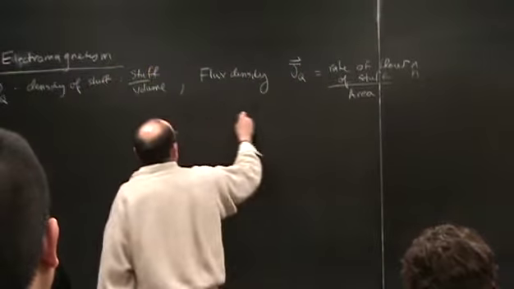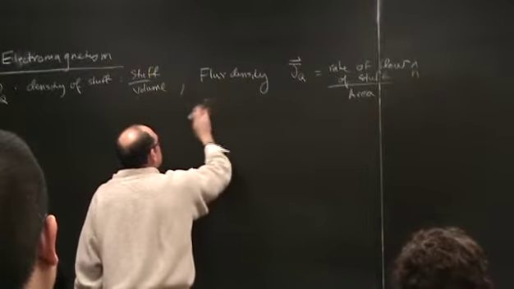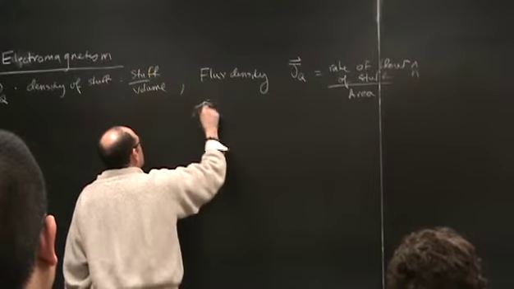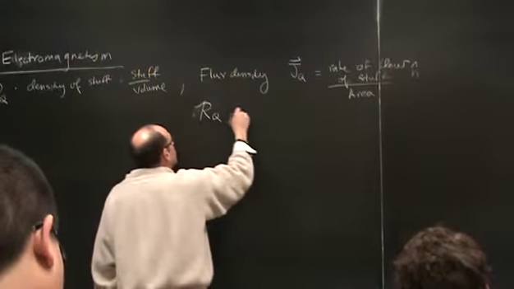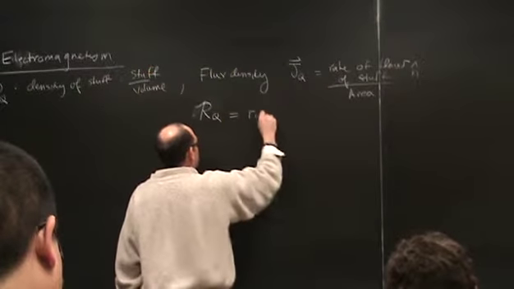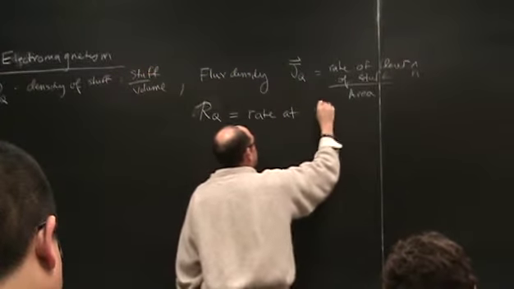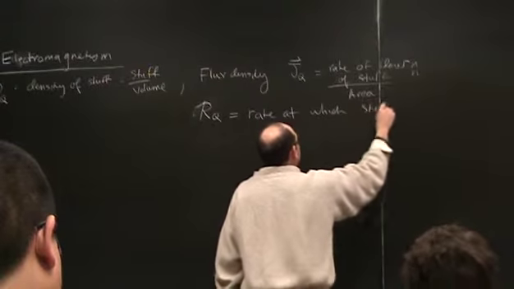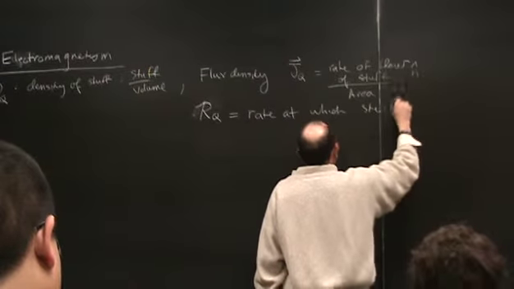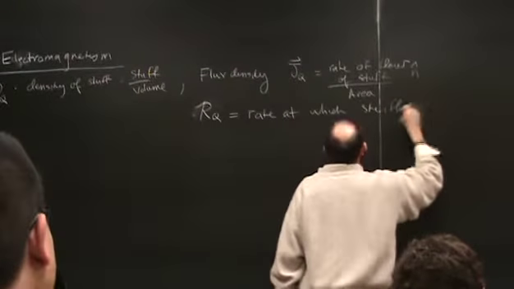And then finally, I'm going to define R sub q is equal to the rate at which stuff is created.